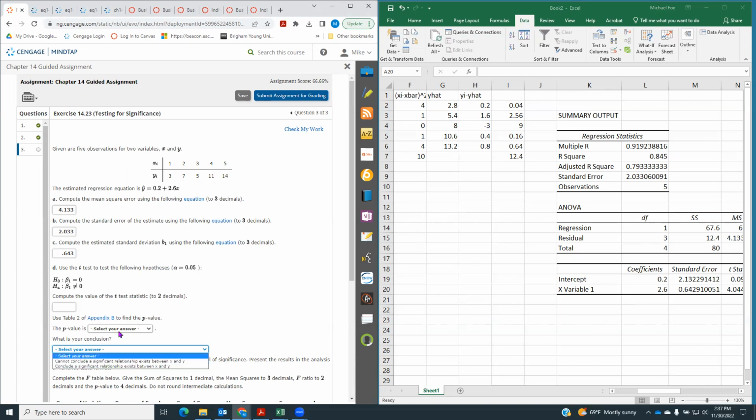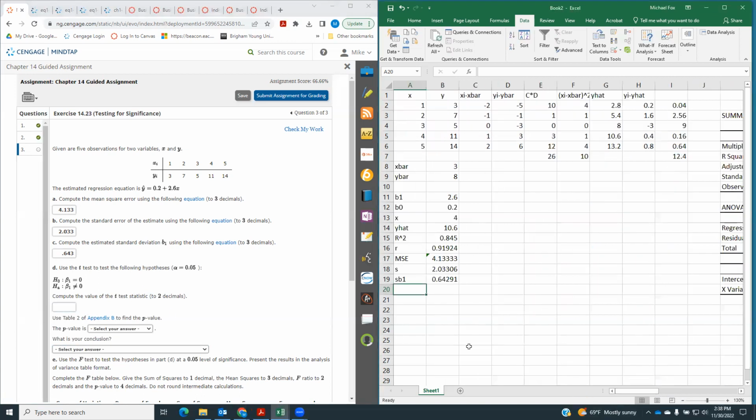Okay, so to compute this test statistic, again, it's a formula that nobody except for someone who does this memorizes, and even they don't, because the computer does it faster. But I'll show you how to calculate it in a minute here. I'm going to call this the t-test statistic.